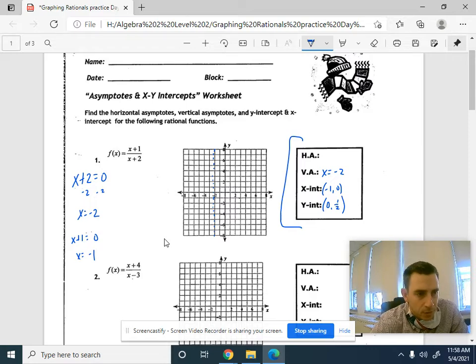You have to look at the exponents of the variables in the numerator and the denominator. It's just the highest one, so the degree, the greatest exponent in both the numerator and the denominator. When they're the same, as they are here, they're both 1, you divide the leading coefficients. So our HA here is going to be +1.